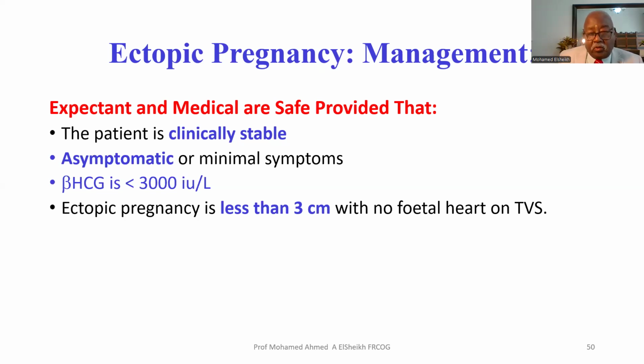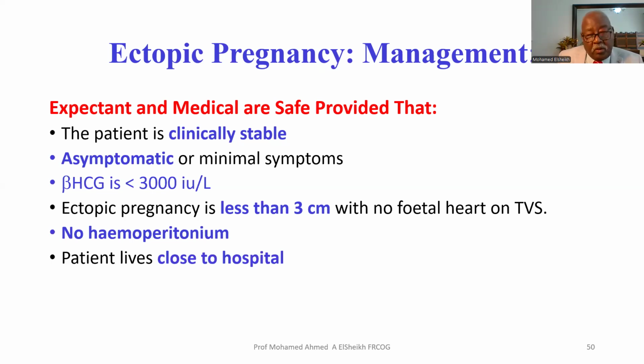You see it outside, less than 3 centimeters, no fetal heart. No hemoperitoneum, that means no rupture, no bleeding. The patient lives close to hospital, that's in case of an emergency where she had hemoperitoneum, rupturing of an ectopic, she would be able to reach the hospital quickly.